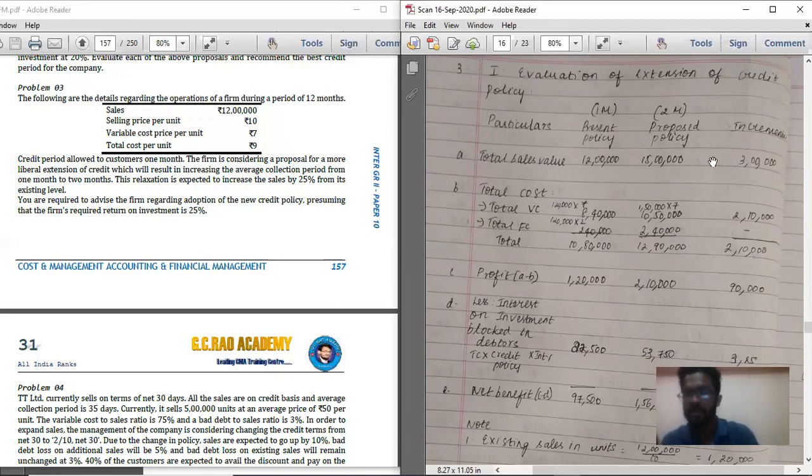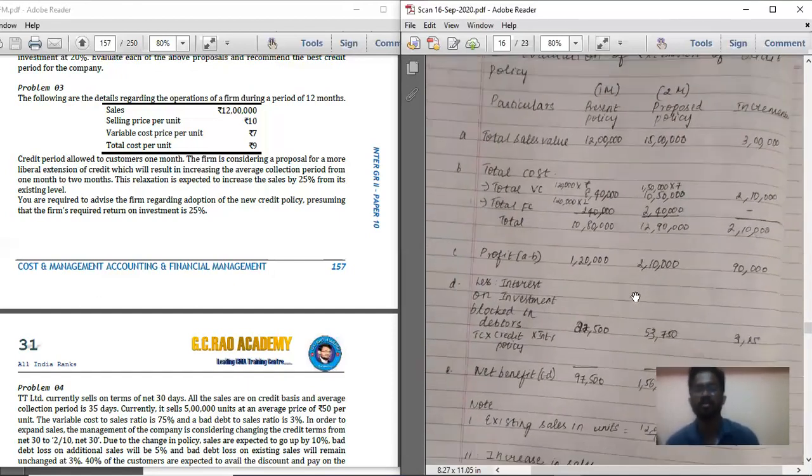You should compare this present policy with proposed policy and see what is the incremental cost and incremental sales. So you should calculate what are the present policy values and what are the proposed policy values, and compare the proposed policy with the present policy and check what is the incremental benefit and what is the incremental cost. If there is incremental net benefit, then it is acceptable to accept the proposed new proposal.